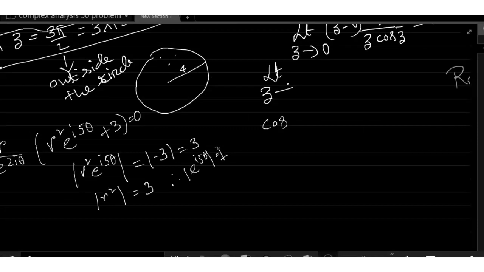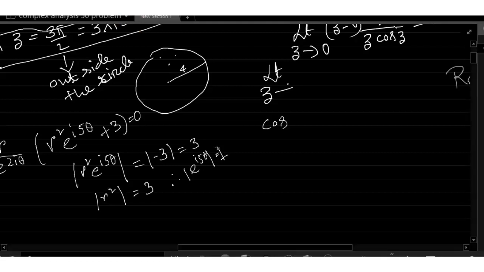So friends, you see that e^{5iθ} equals −1. That means cos 5θ + i sin 5θ equals −1.